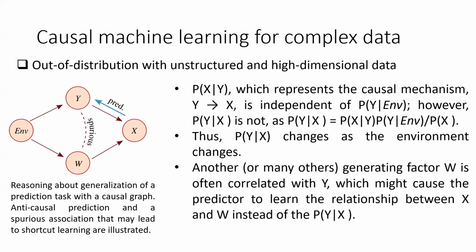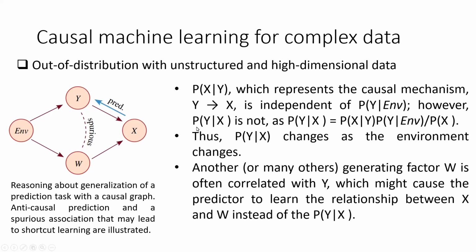That means, for example, gray matter volume. So the probability of x given y, which represents the causal mechanism and which is independent of the probability of y given environment.